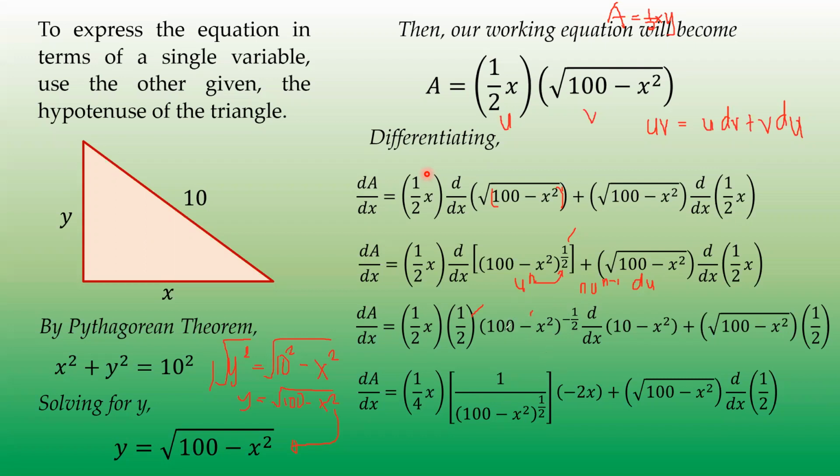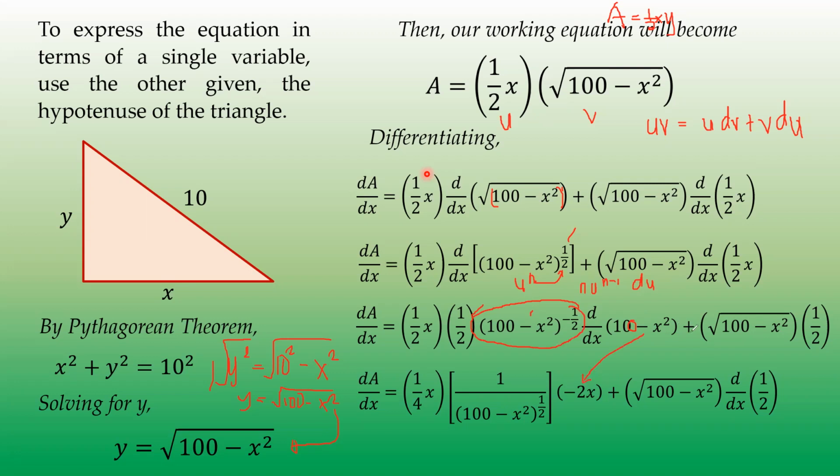Kaya 1 over 100 minus x squared raised to positive 1/2. Reciprocal lang tayo, 1 over lang. Now, ang derivative naman nito, 100 minus x squared, ang derivative niyan ay 0 minus 2x, negative 2x.